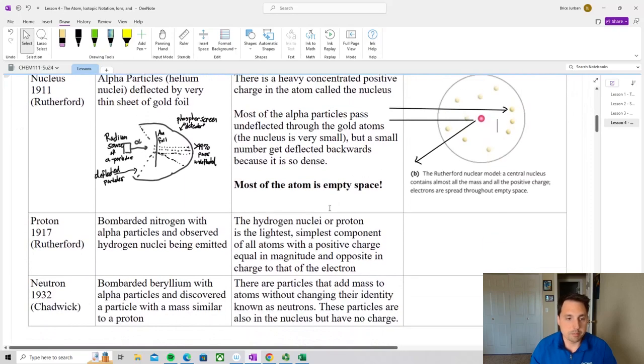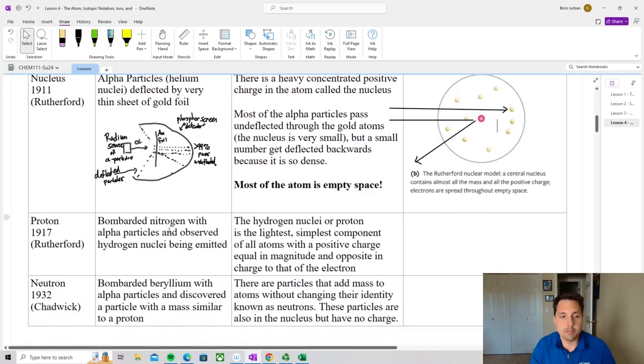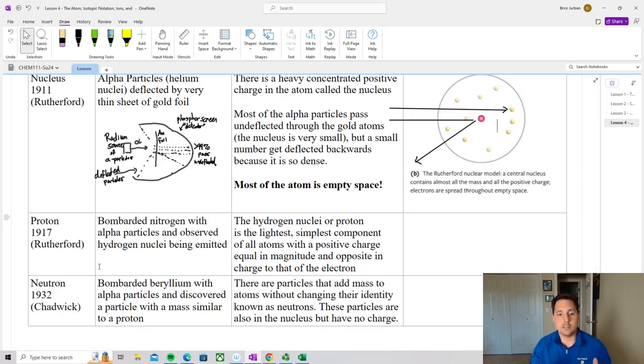Okay, so with the discovery of the nucleus, we kind of assumed that the nucleus is where the positive charge was, but it wasn't until a further experiment by Rutherford, where he bombarded nitrogen gas with alpha particles, that he observed a small particle being emitted.